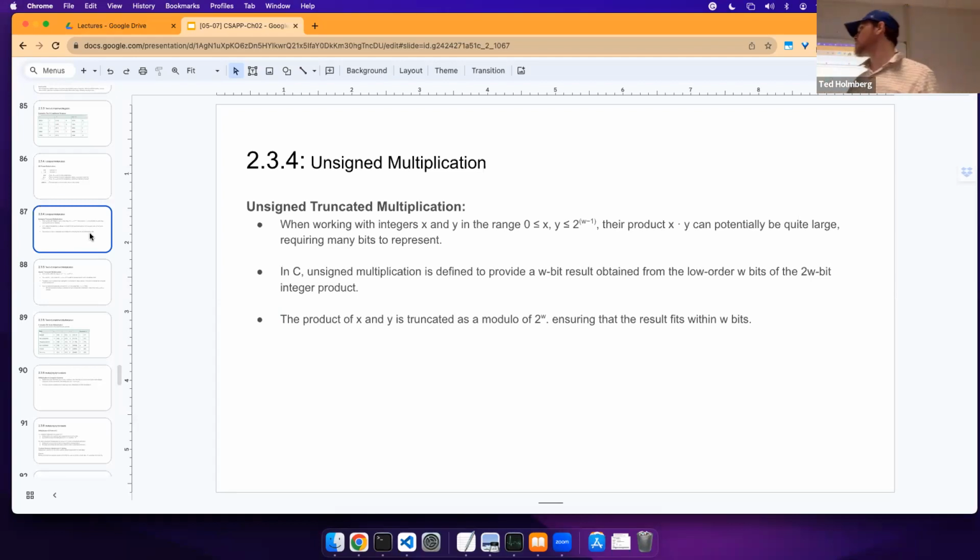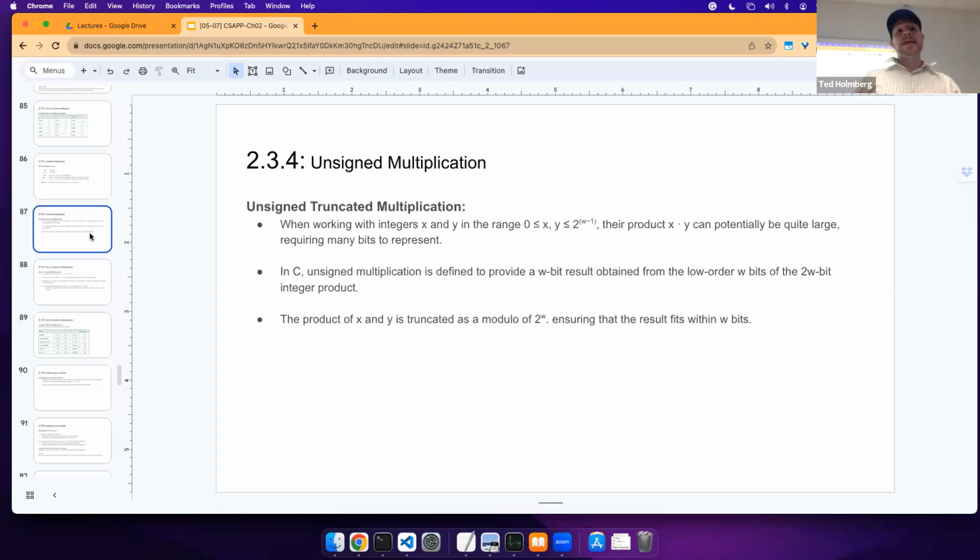So the big things we should learn about with unsigned truncated multiplication, again, just like we had to redefine our addition functions to guarantee that the word size remained the same between my input and output terms, we have to do the same thing with multiplication. But multiplication, I think, is far, far worse than addition because it can produce potentially much larger word sizes than what addition can produce.